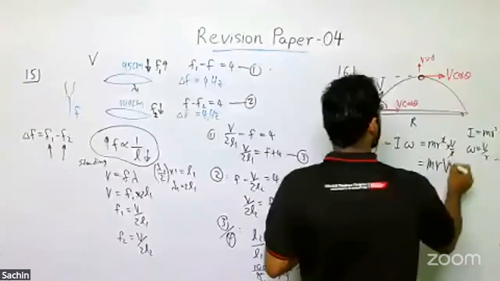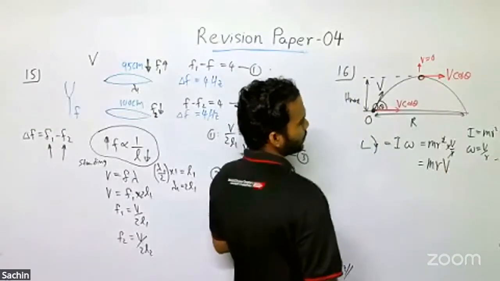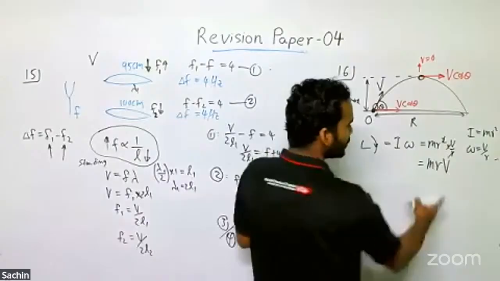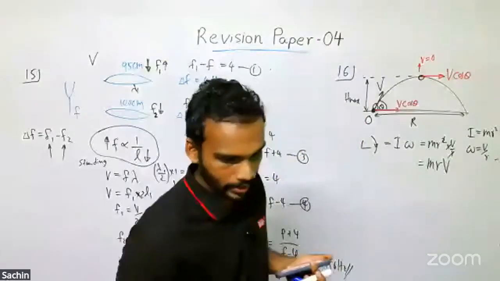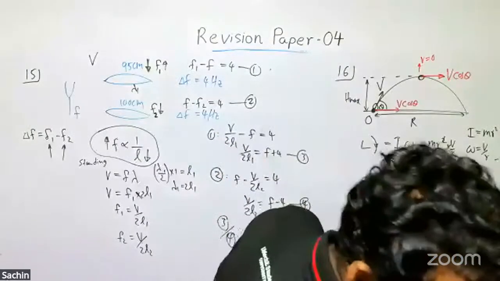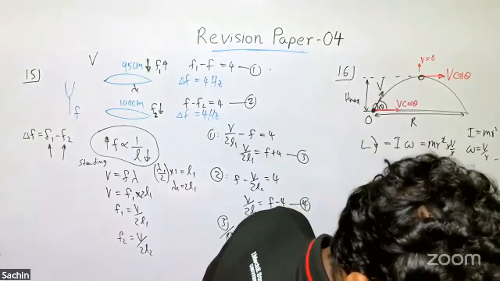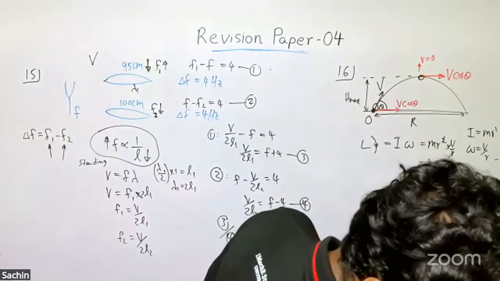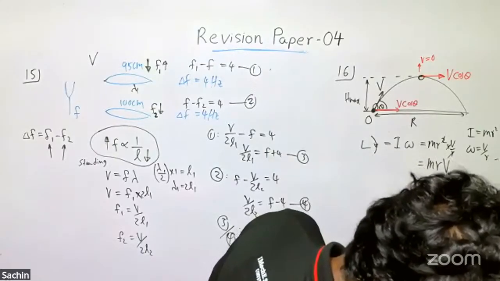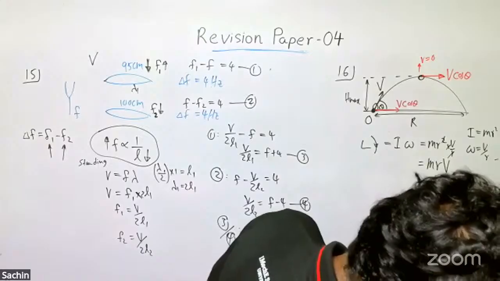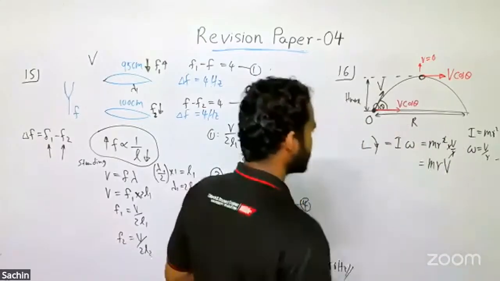Another way to calculate the angular momentum is by m r v. So if you remember this formula, just directly apply it. You don't need to solve again and get the formula when you're doing the MCQ. If you remember it, you can just apply it.